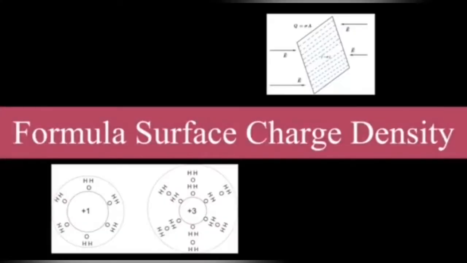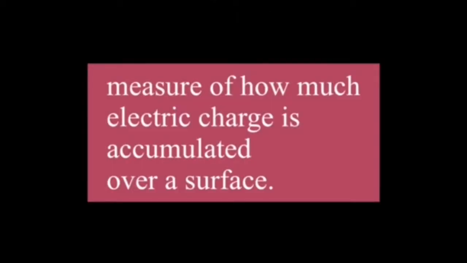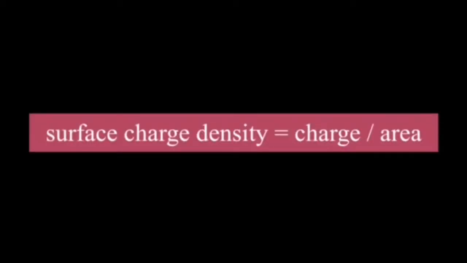I will explain the formula for surface charge density. Surface charge density is the measure of how much electric charge is accumulated over a surface. It is calculated as the charge per unit area.